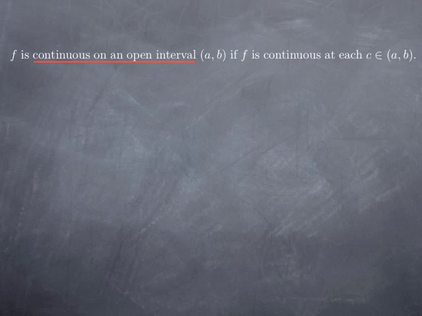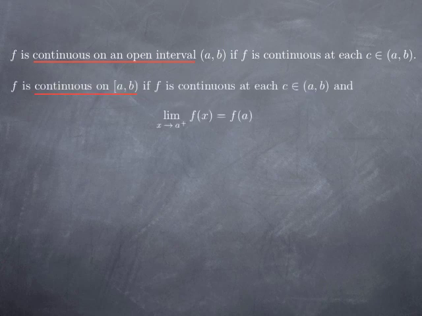A point of terminology. Sometimes you will see that we talk about a function being continuous on an interval. So there are various kinds of intervals. Let's start with an open interval. Continuous on an open interval simply means continuous at each point in this interval. Now we could have a function that we call continuous on an interval that is, for instance, closed on the left.